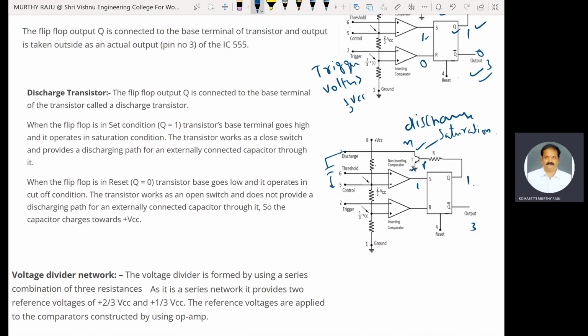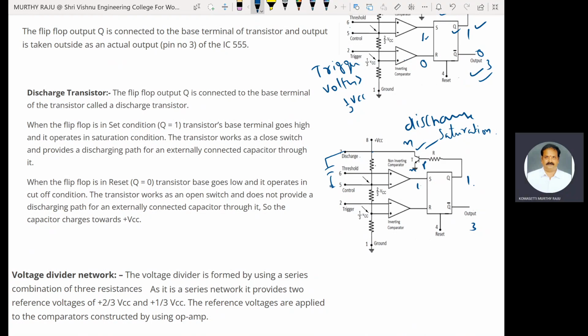The transistor works as a closed switch and provides a discharging path for the externally connected capacitor. For the discharging path, this acts as a closed switch, a short circuit. This is the collector of this transistor. The collector of this transistor is the discharge terminal of the 555 timer IC.